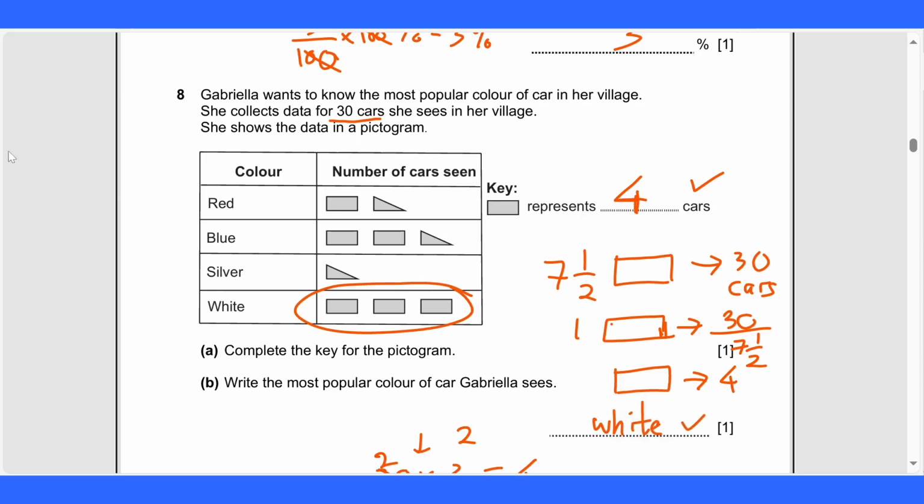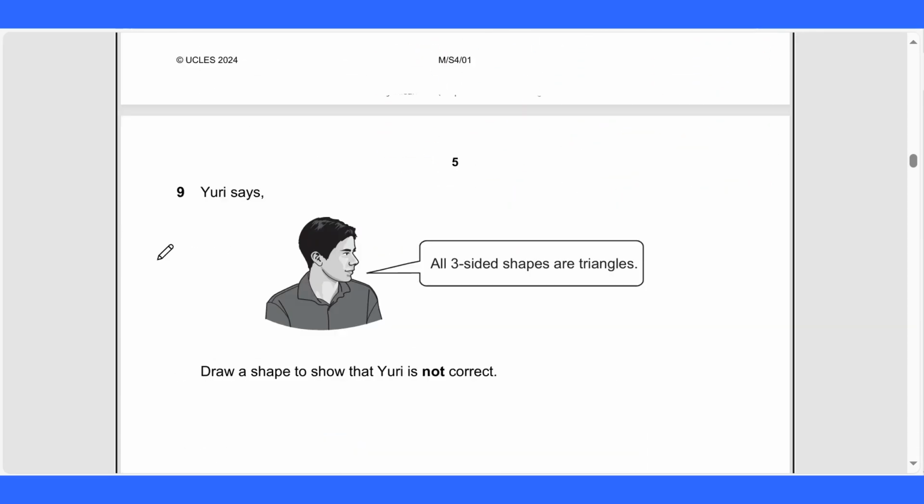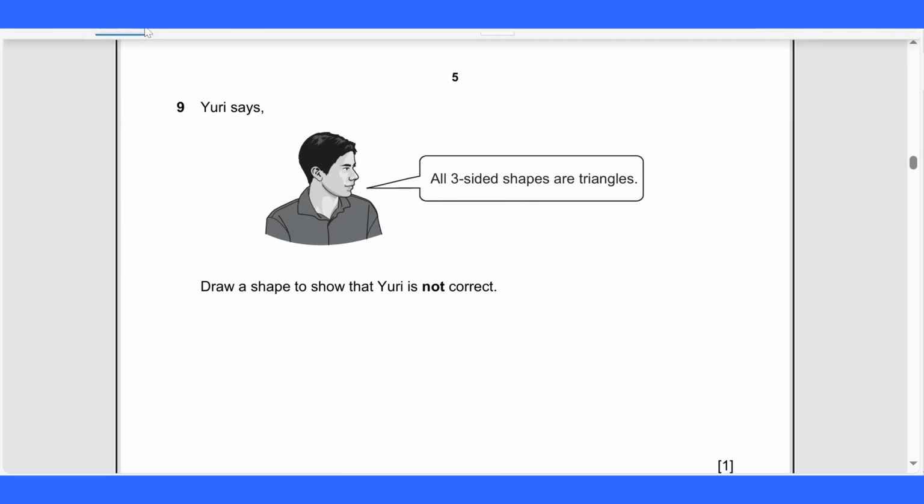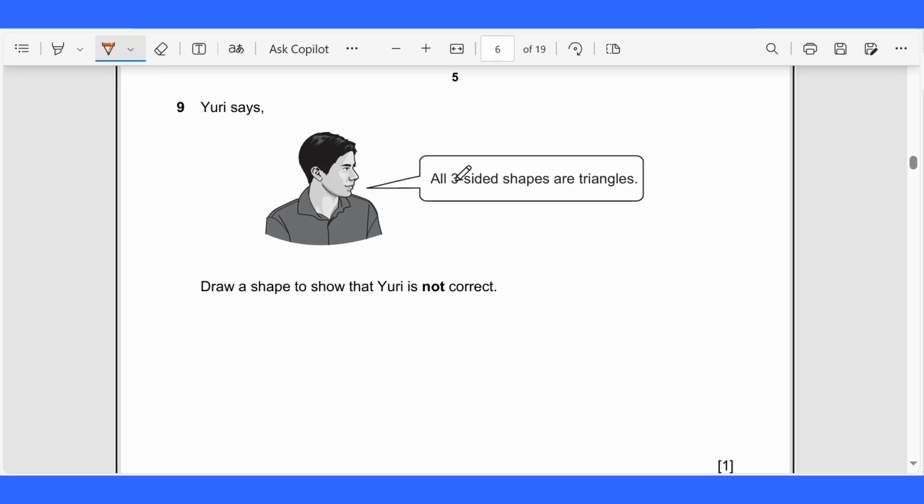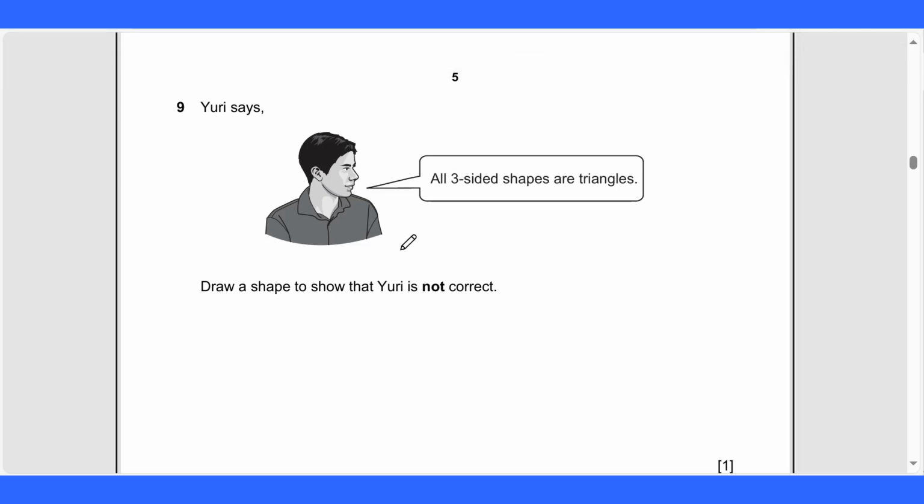Okay, let's move on. Next we have number 5. Yuri states all three-sided shapes are triangles. Draw a shape to show that Yuri is not correct. 10 seconds. Okay, let's just draw any shape that has 3 sides but is not a triangle.